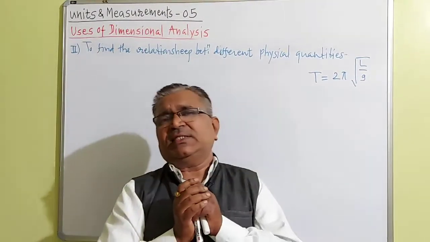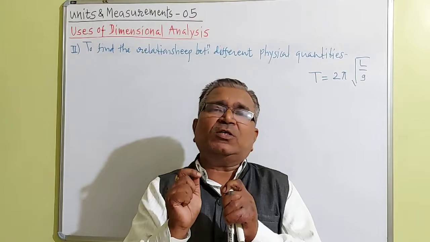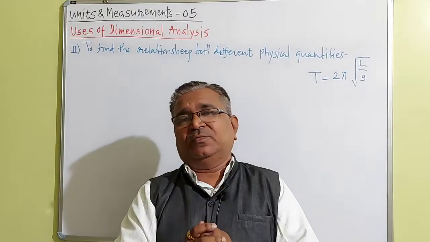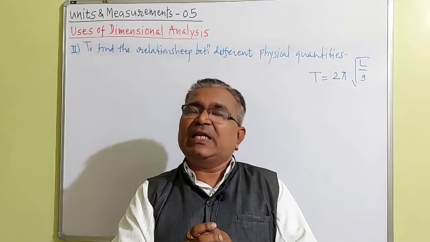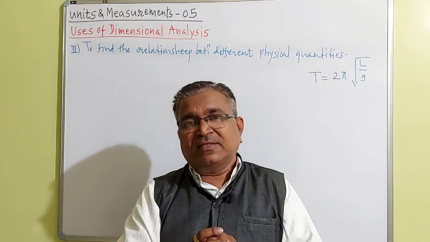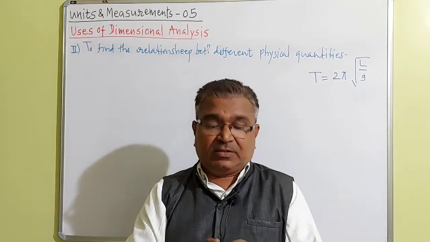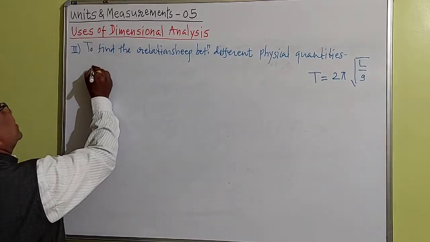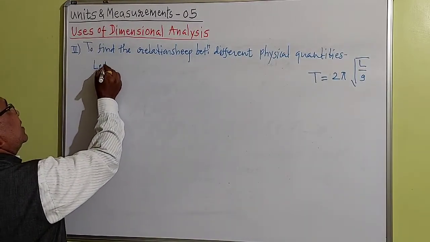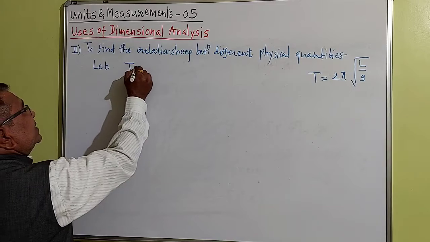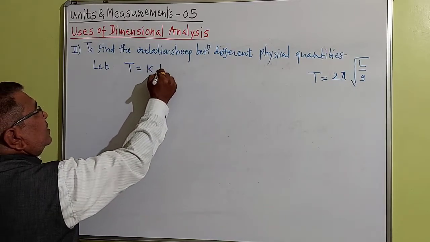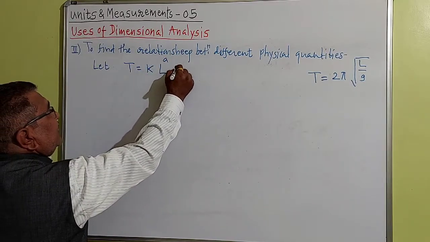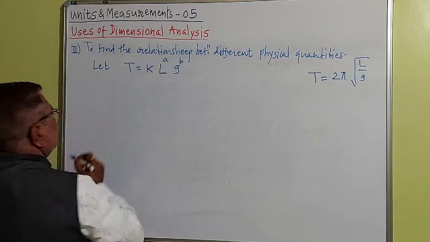But suppose we don't know the relationship between the three physical quantities, then how can we build up the equation? So we can write the equation like this. Let T is equal to K L^A G^B.